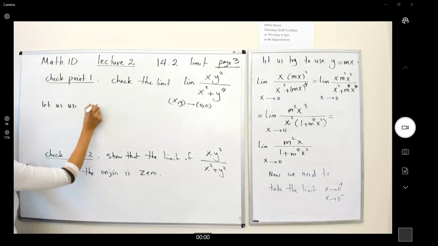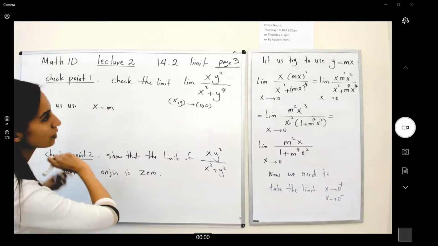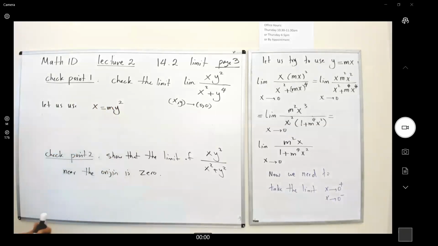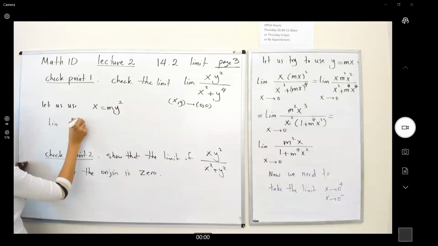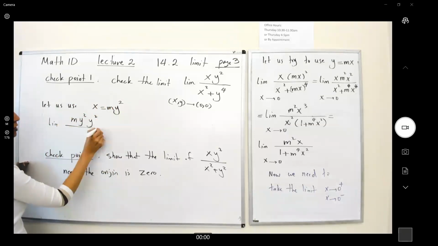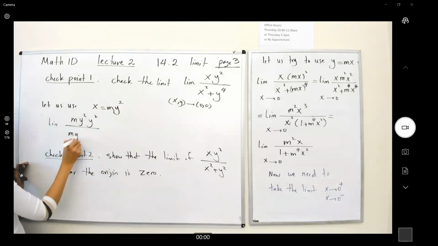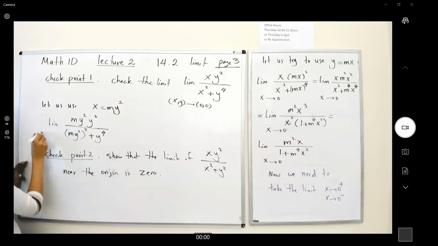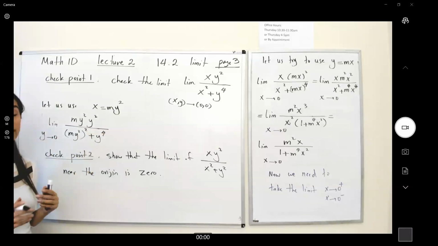Let us use x equals m y squared. So if x is equal to m y squared, you get the limit of m y squared divided by m y squared to the second plus y to the fourth, and here your y goes to 0.